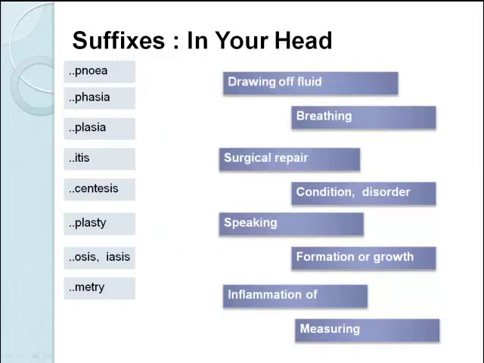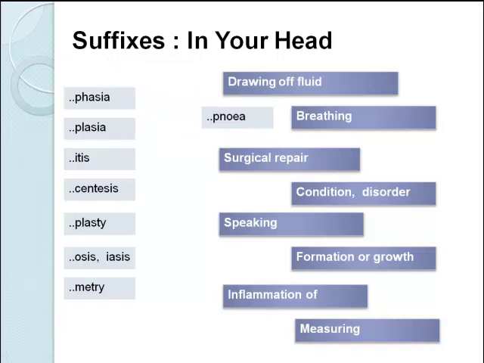Nia, phasia, plasia, itis, centesis, plasty, osis or iasis, metry. Have a think to see where you think they would go, these terms. Right, press my magic button.